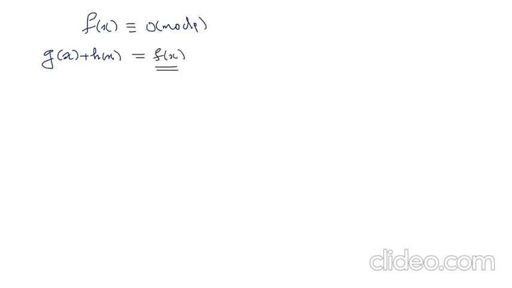And we assume that f of x congruent to 0 mod p has more than n incongruent solutions. That implies g of x plus h of x congruent to 0 mod p has more than n incongruent solutions.